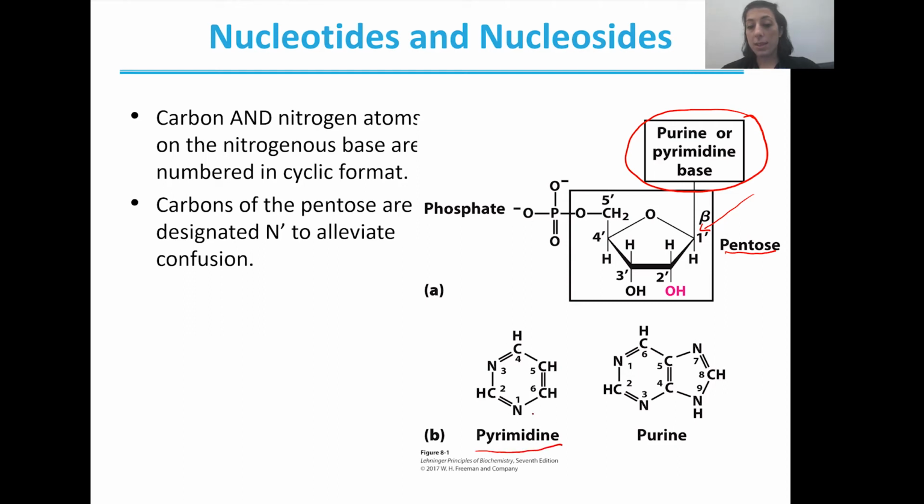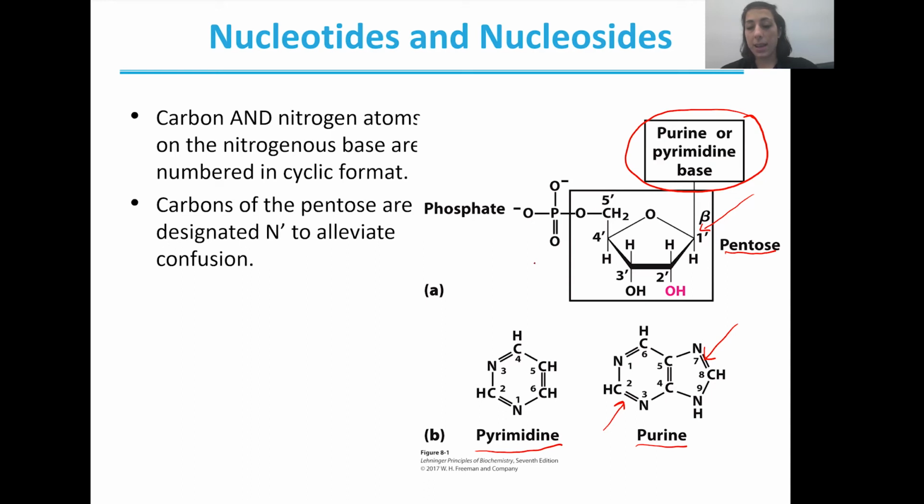These are, you can see, a 6-membered ring of carbons and nitrogens, or purines, which is actually a ring made of 2 rings attached, a 6-membered with an additional 5-membered ring attached to it. So a pyrimidine or a purine type nitrogenous base is attached to our sugar by the glycosidic carbon.